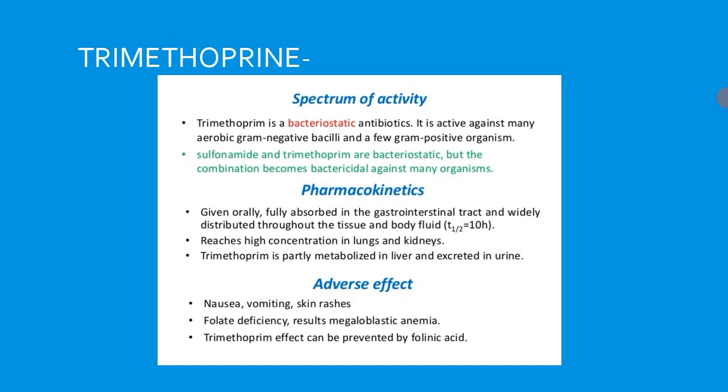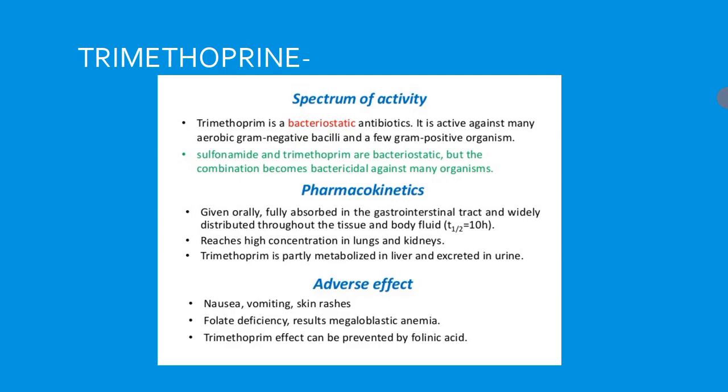Then the sulfonamide and the trimethoprim both are bacteriostatic. In some cases if we administer both the drugs together, then that can result in bactericidal effects on some of the bacteria.